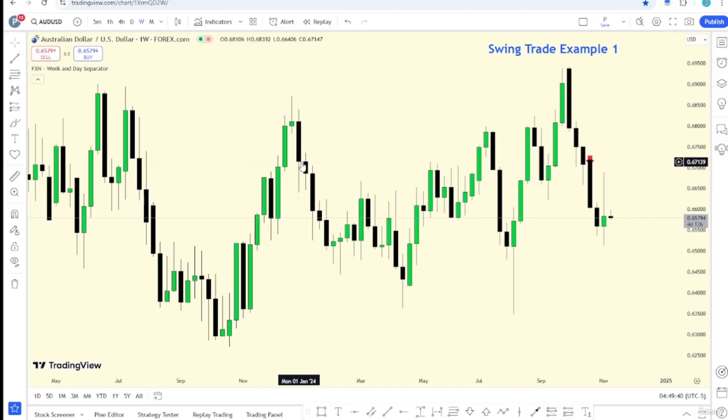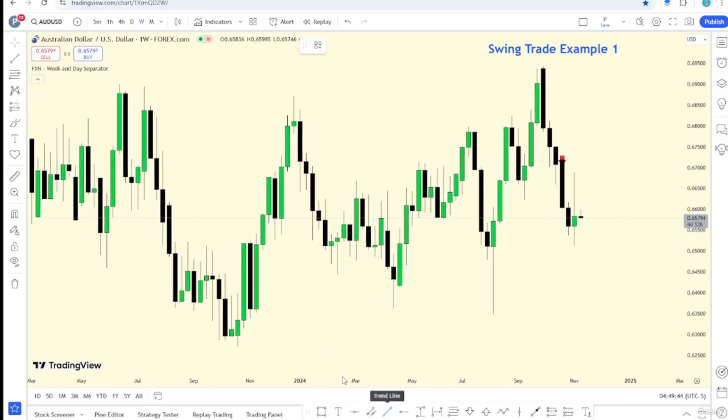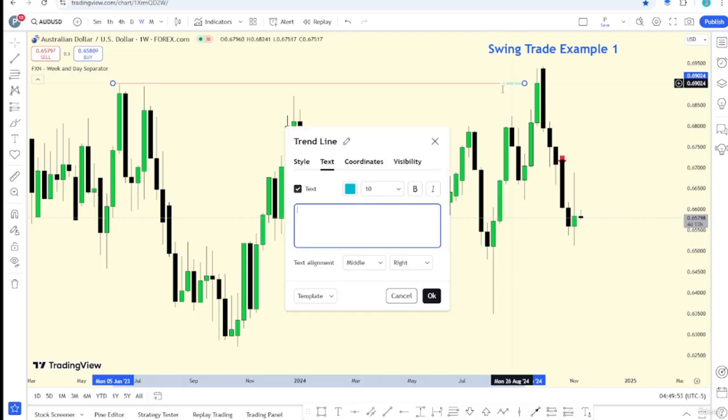On the weekly chart, the market actually took out some form of buy side liquidity back here. This is buy side liquidity.